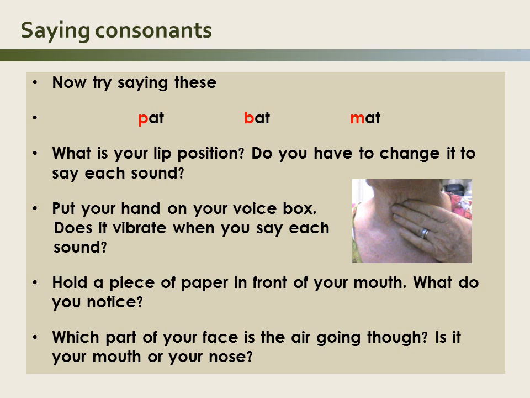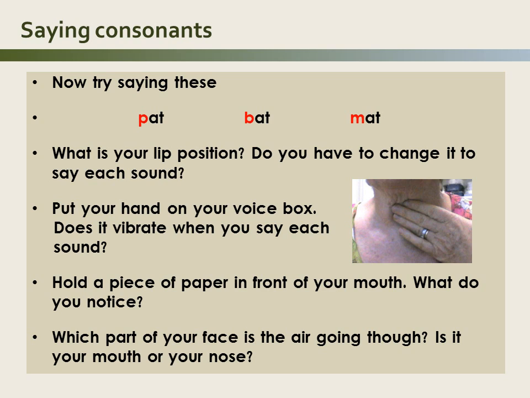Then you also probably noticed when you put your hand on your voice box that when you made the p sound in pat, there was no vibration in your voice box. When you made the b sound in bat and the m in mat, your voice was, as it were, switched on, and you were making your vocal cords vibrate.